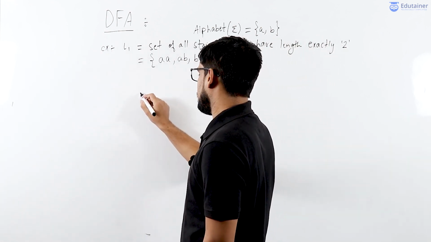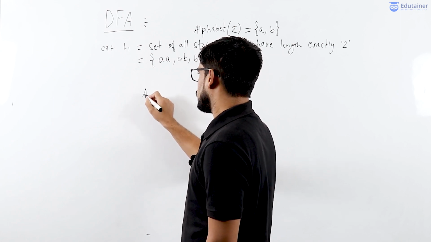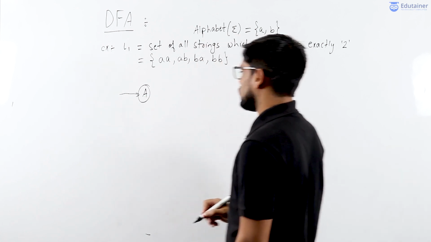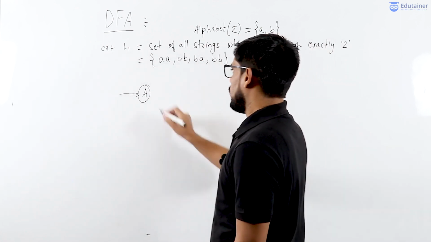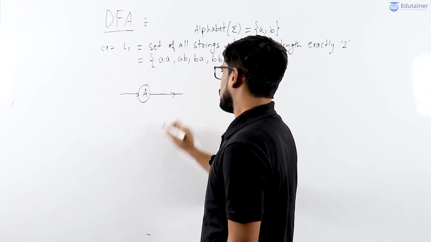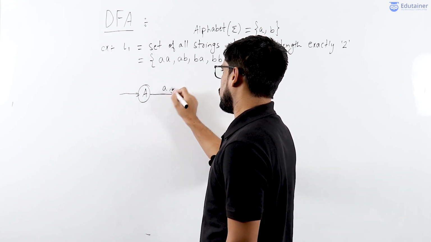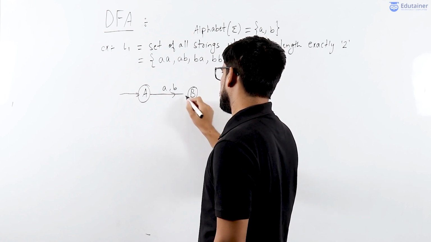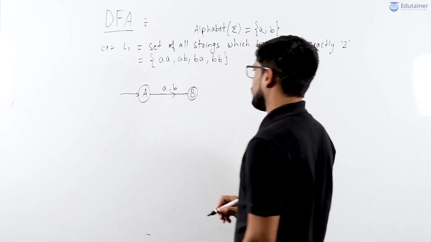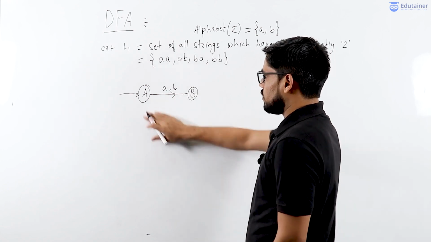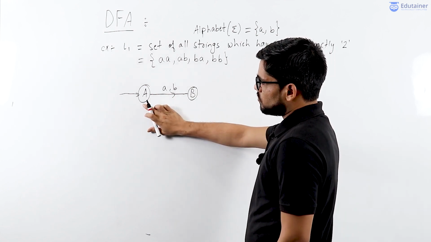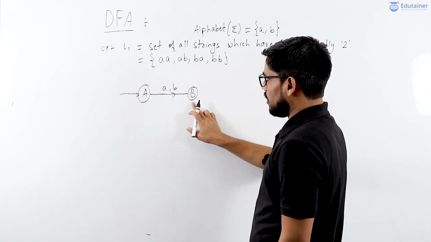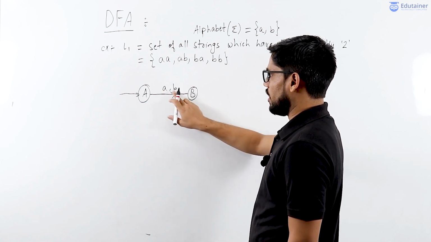So the DFA will be, I have to start with the initial state. Let's call it A. If I see alphabet A or B, I will go to next state, capital B. So here on small a, I have not seen anything, but on capital B, I have seen either 1A or 1B.